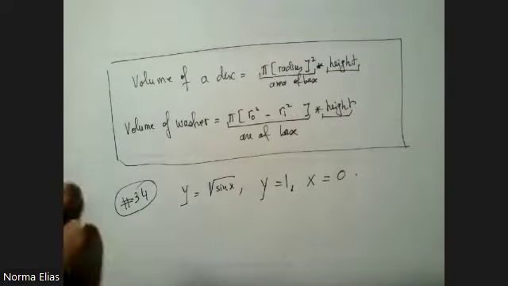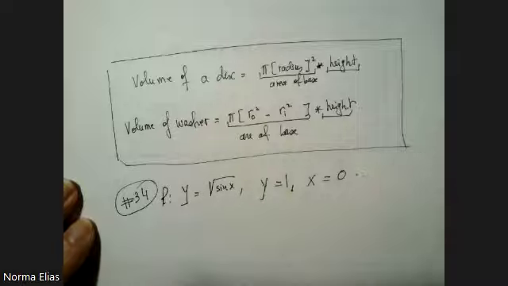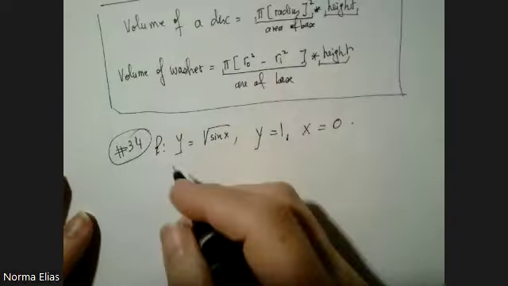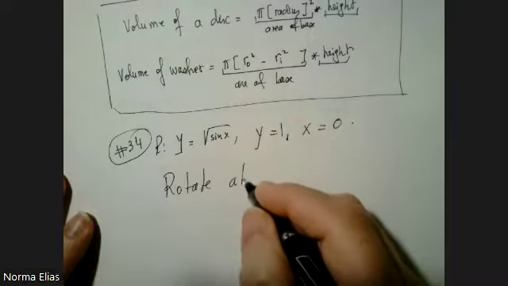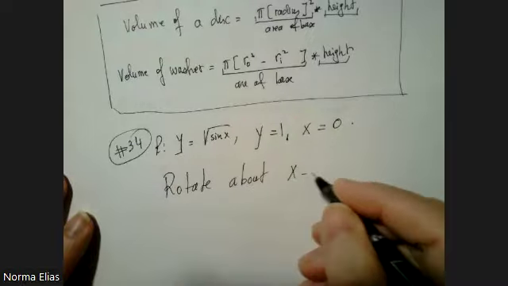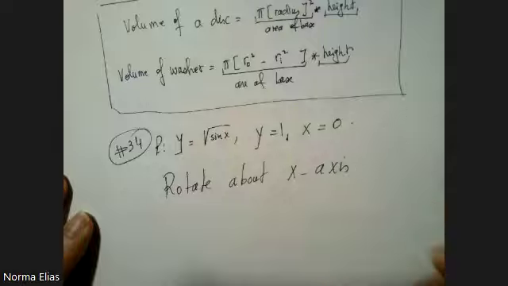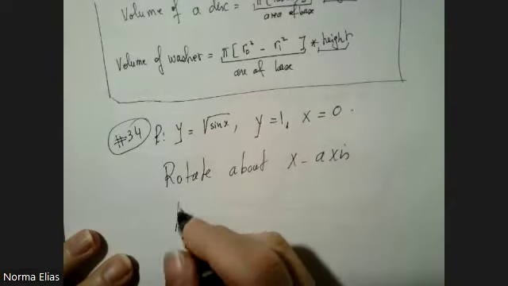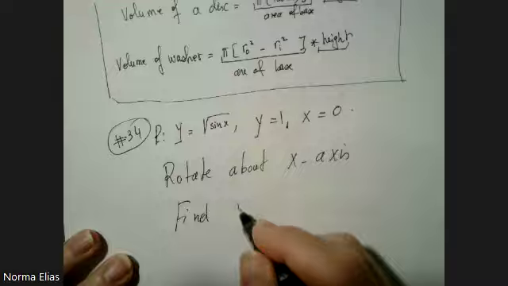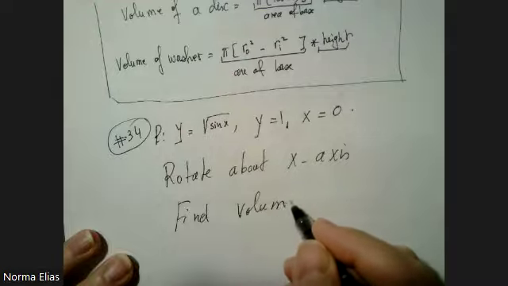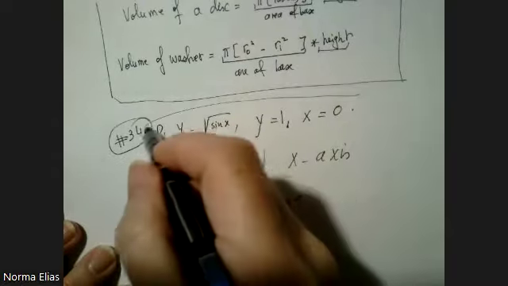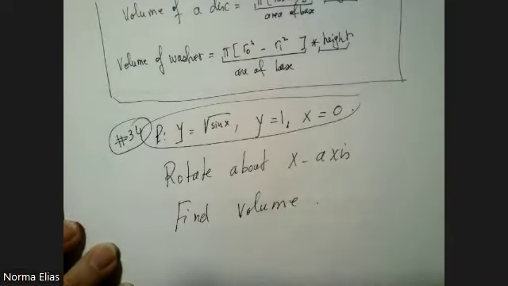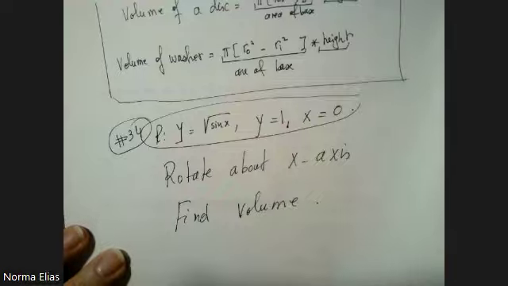So that's the region, that's my region R. And we're gonna rotate about the x-axis. And the question is, find the volume of revolution. Find the volume of the solid. So as usual, step one always is we have to know what region we are working with, and then we start revolving and finding everything we need.